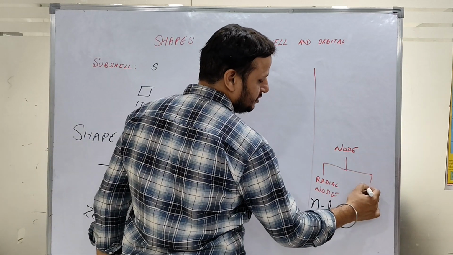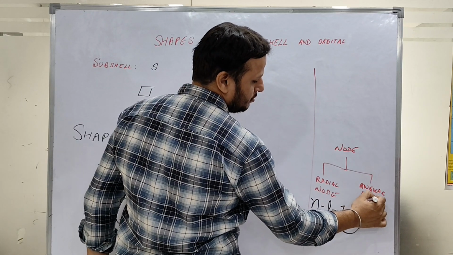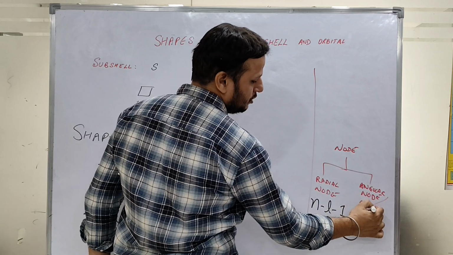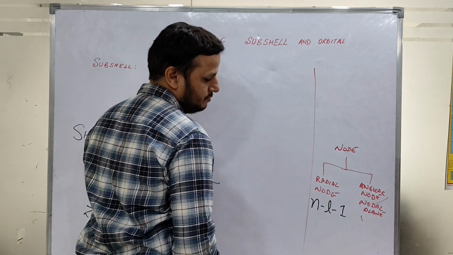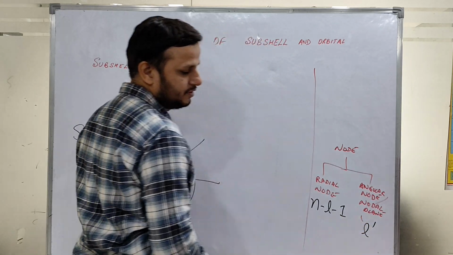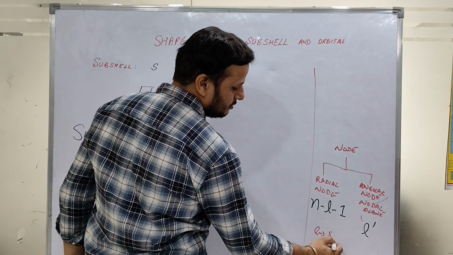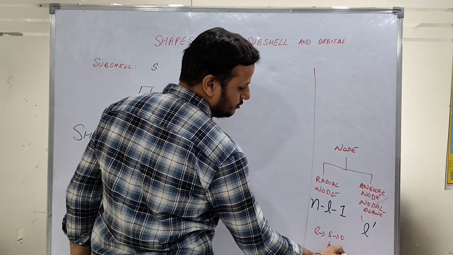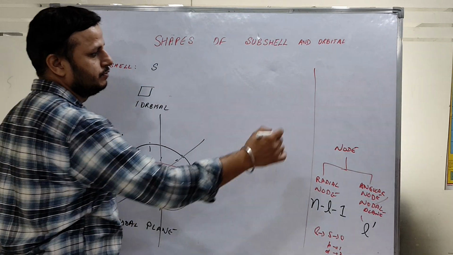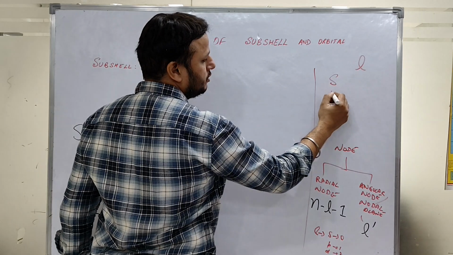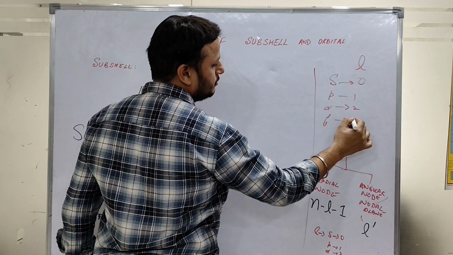And the second is the angular node, also known as the nodal plane, and the formula to find the nodal planes is L. The value of L for SPDF is fixed: S is 0, P is 1, D is 2, F is 3.